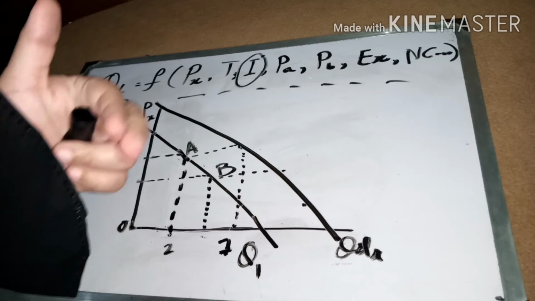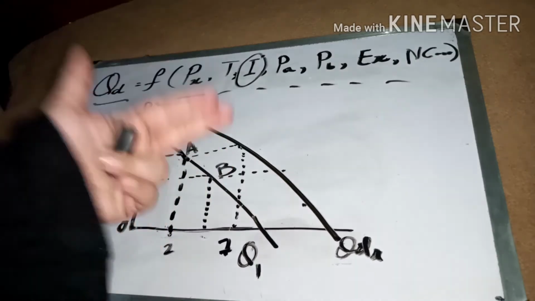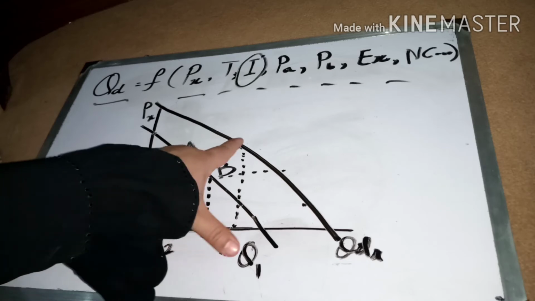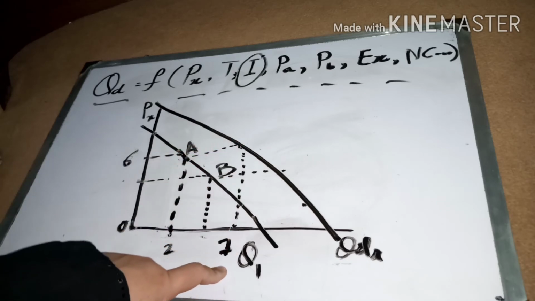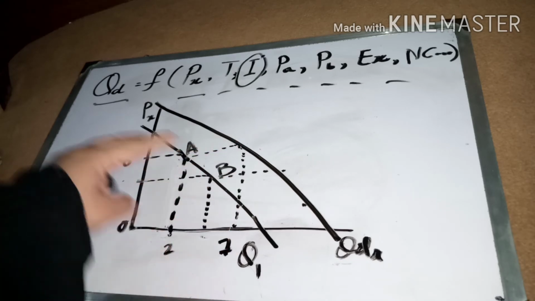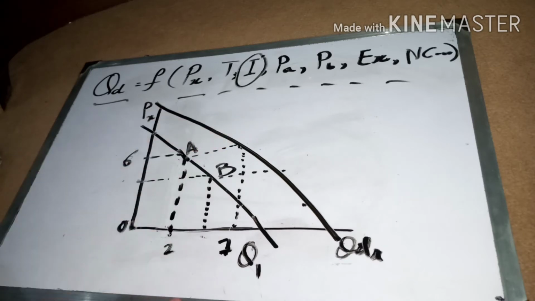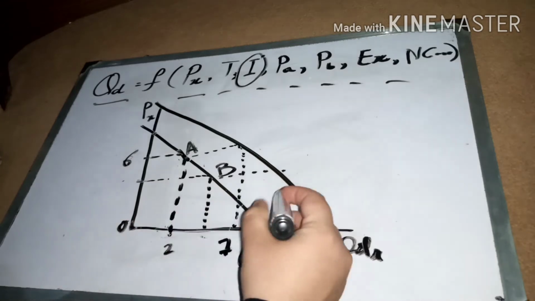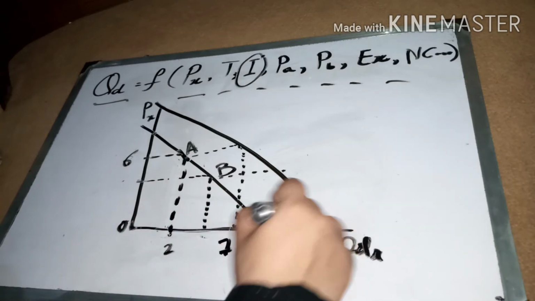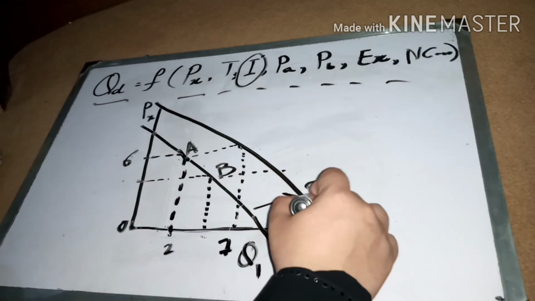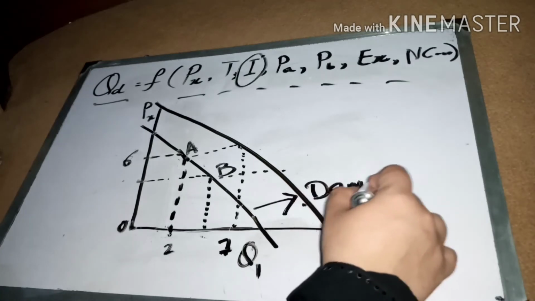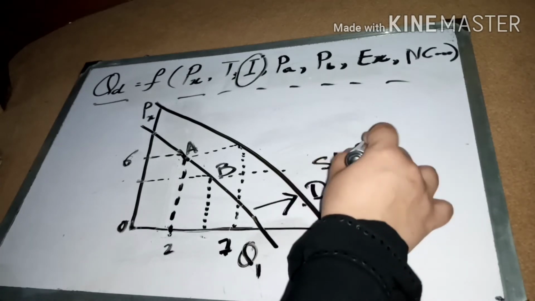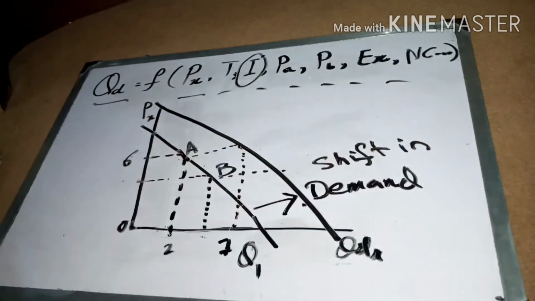Now, when he has an income boost, at the same price he is buying 7 units of the same product. So this outward shift of the demand is called a shift in demand.